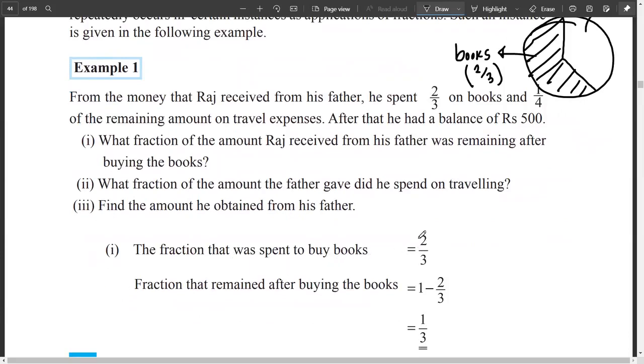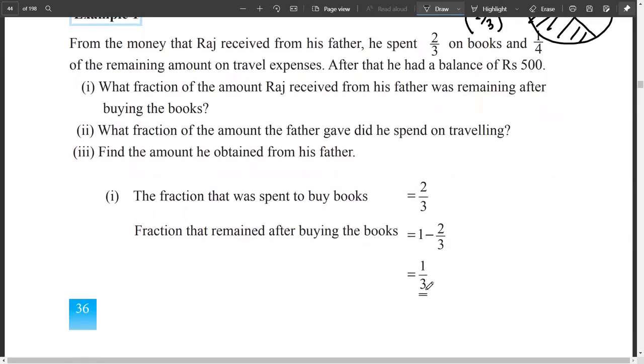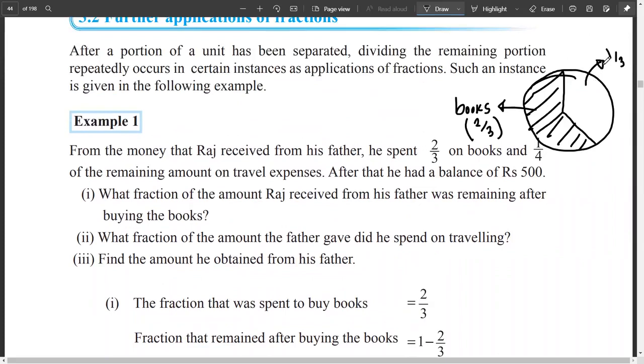So the fraction that remains after buying the books is 1, the total fraction he got from his father, minus 2/3. By subtracting you end up with 1/3. So the remaining fraction is 1/3 after buying books. That's what I have drawn here.